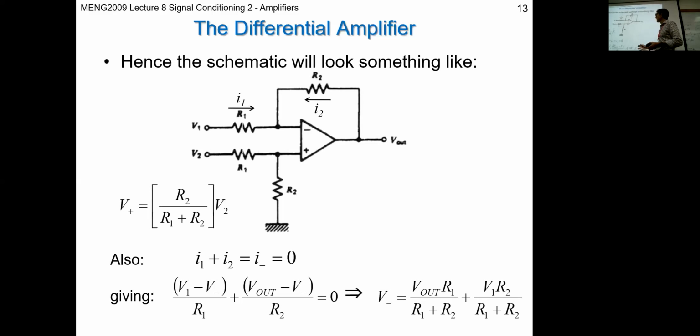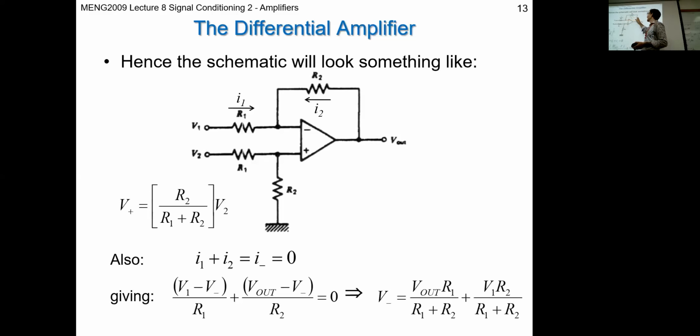And then for our current I2, using the potential divider rule, it's going to be V over R, where V in this case is the difference between our output voltage and V negative.